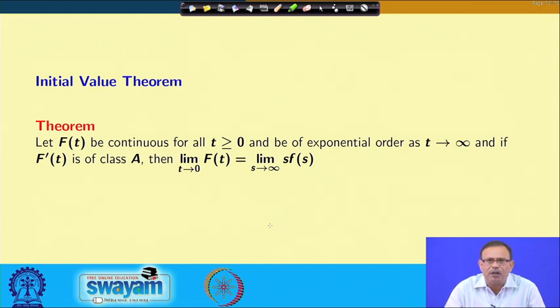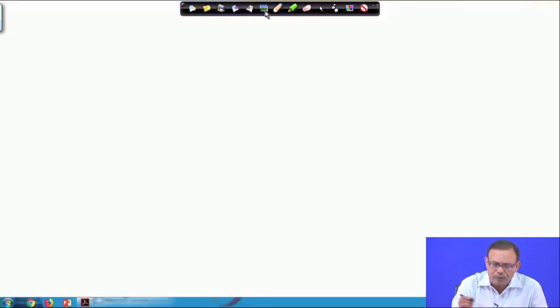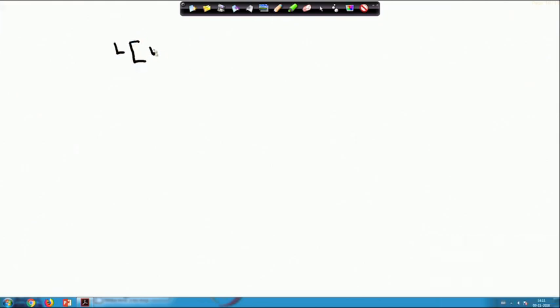Let us see the proof first and afterwards we will see what is the use of these particular theorems. Here from the theorem of derivatives, you know this thing, Laplace transform of f dash t is equals s f s minus f 0.